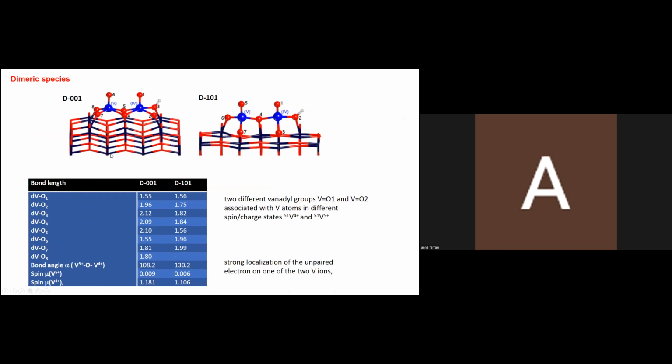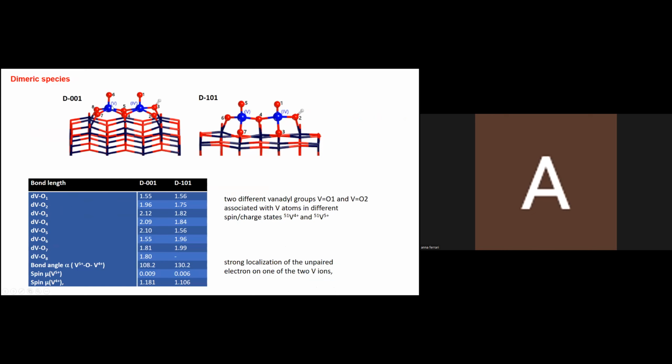Now we consider the dimeric species. In this case, we found that vanadium 4 magnetic is bound through oxygen to vanadium 5 that is not magnetic.